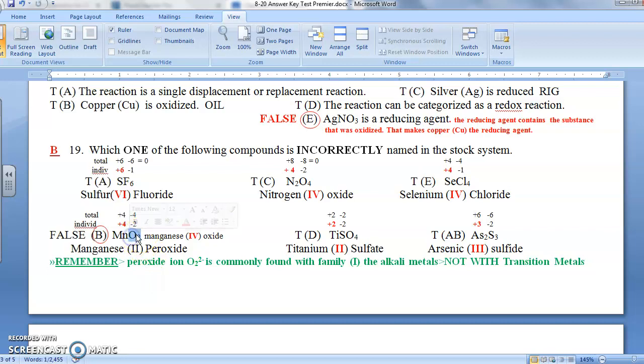If this isn't the peroxide ion, each of those oxygens is -2 for a total of -4. So the total positives would have to be +4 since overall there's no charge. So it would be manganese 4 oxide, not manganese 2 peroxide. Remember, the peroxide ion is not with the transition metals, it's with the alkali metals.